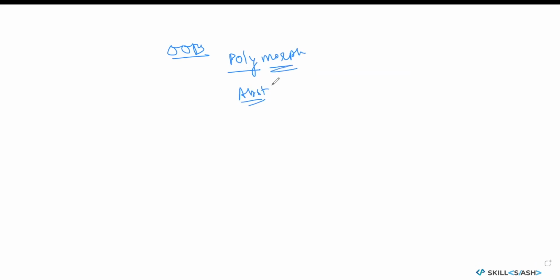polymorphism. Why? Because the concept of polymorphism we have already understood. But if I take an example, you will understand where. I have created a class vehicle.